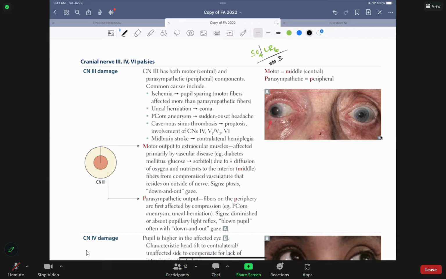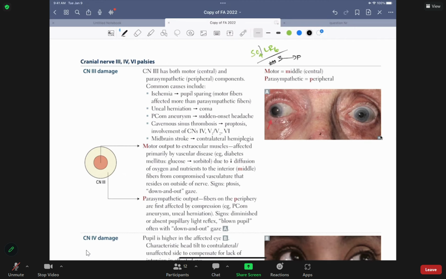Now, what else do we know about cranial nerve number 3? Cranial nerve number 3 also has parasympathetic fibers in it. That's very important, folks. We talked about it on the first day when we were doing pharmacology. Cranial nerves are the nerves that carry all the parasympathetic fibers to the human body.